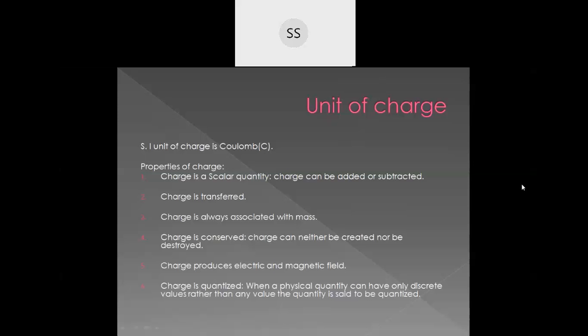The first property is charge is a scalar quantity. Charge can be added or subtracted. So, do you know what scalar quantity means? What is the meaning of scalar quantity? Does anyone know?